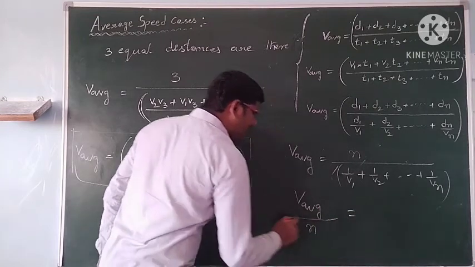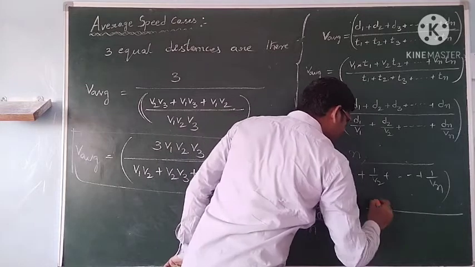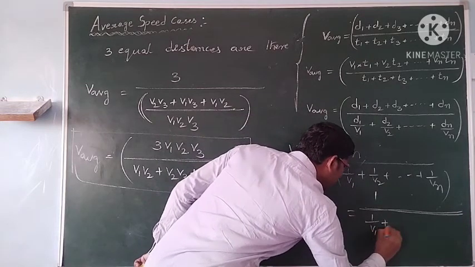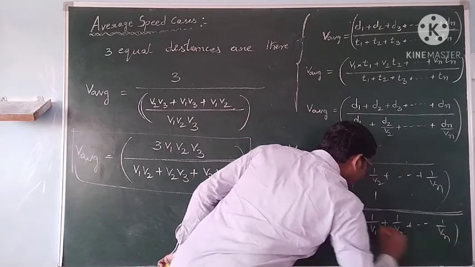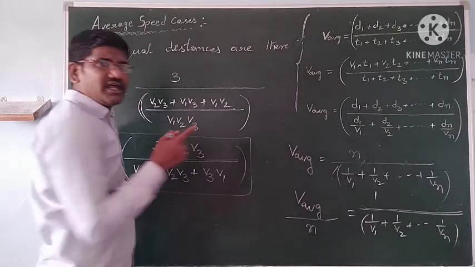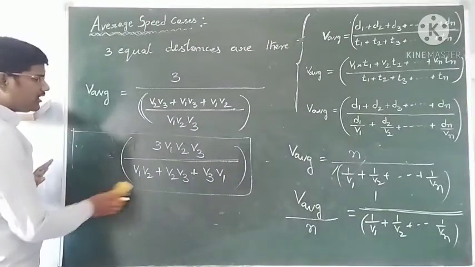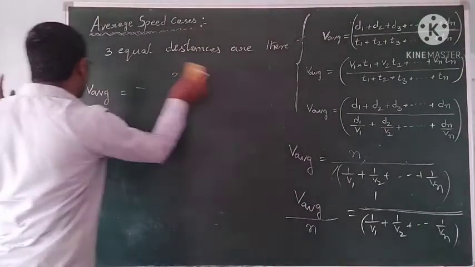So if you have n equal distances, V average by n is equal to 1 by V1 plus 1 by V2 plus so on 1 by Vn. From this only we derived the two cases. Okay, this is the formula for equal distances.